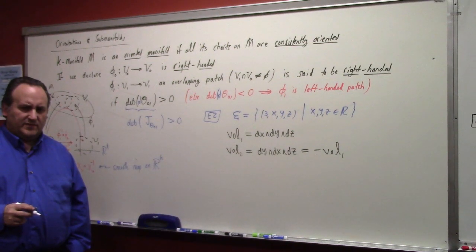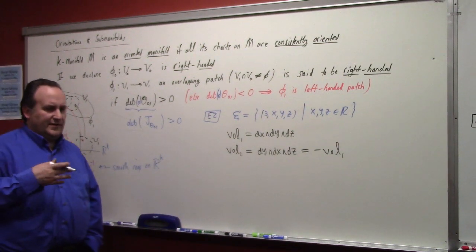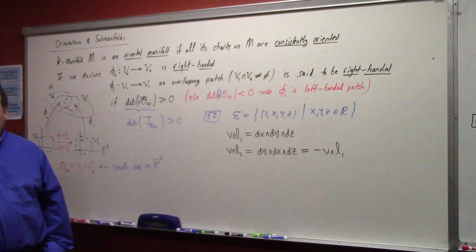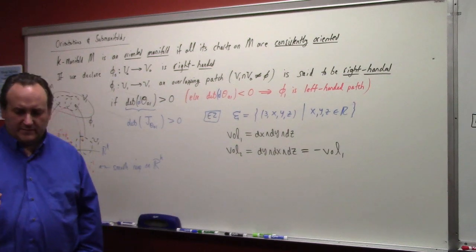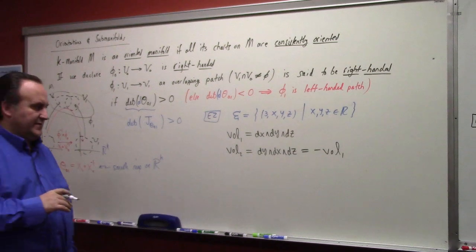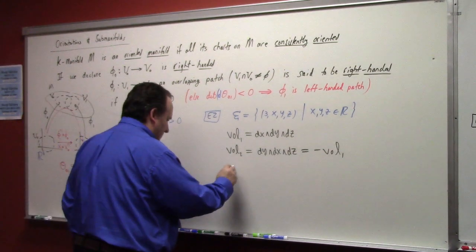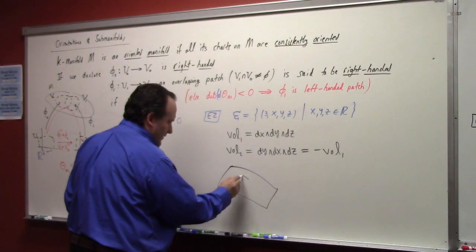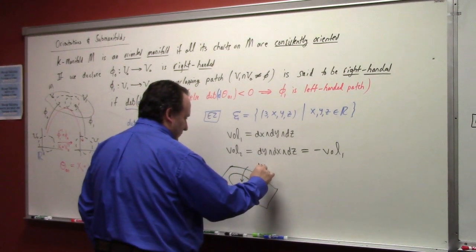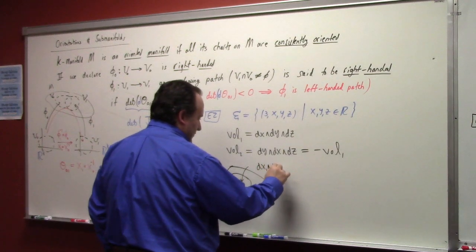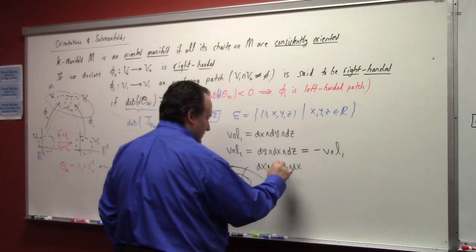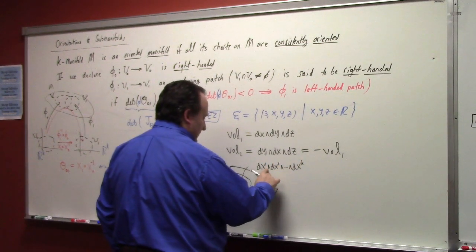Basically, if you're looking at a k-dimensional manifold, at every point you have differentials, right? So here I've got something like dx^1 wedge dx^2 wedge ... wedge dx^k. It's a k-dimensional manifold.